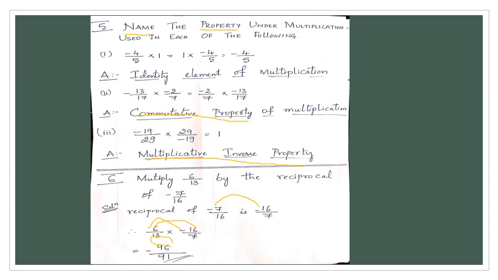Then 13 sevens are 91. So the final form of the product of 6 by 13 and reciprocal of minus 7 by 16 is minus 96 by 91. I hope you understood, children. Now let us move on to the next main.